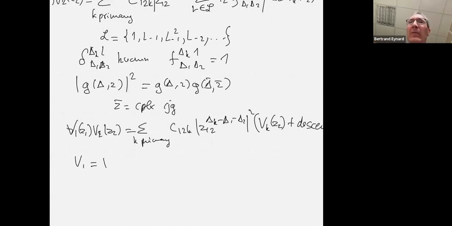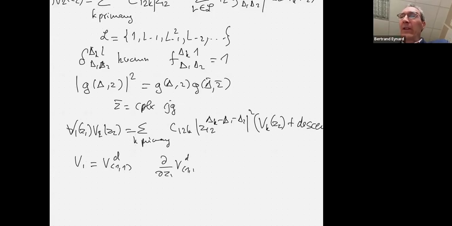So let's take in my OPE the first field to be V^d_{⟨1,1⟩}. This V^d_{⟨1,1⟩} is constant, so d/dz1 of V^d_{⟨1,1⟩}(z1) is 0. And then this will constrain the OPE, because this factor z12 to the Δ_k minus Δ_1 minus Δ_2 must therefore be z1 independent.